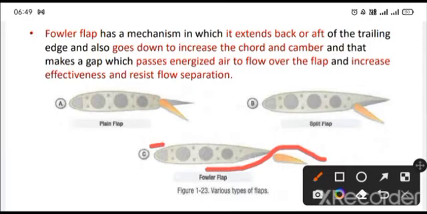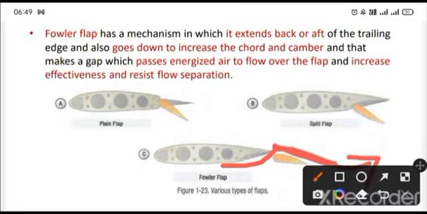When the airflow after reaching this point tries to separate out from this surface, that will cause more drag and less effectiveness. So in order to reduce that, this slot energizes some amount of fluid from the bottom surface to go and wash away those turbulences and take them along with it, like this.